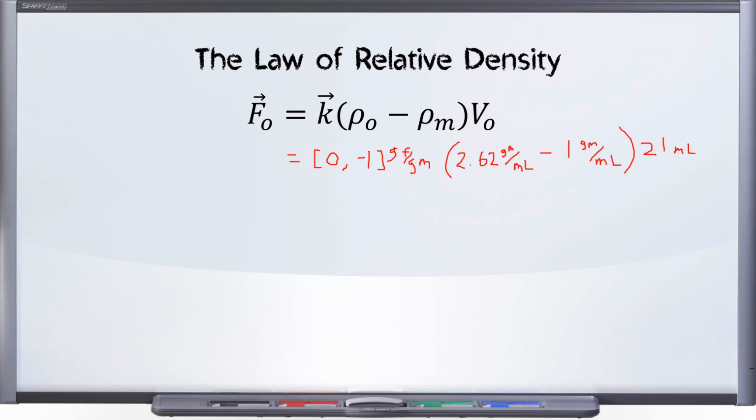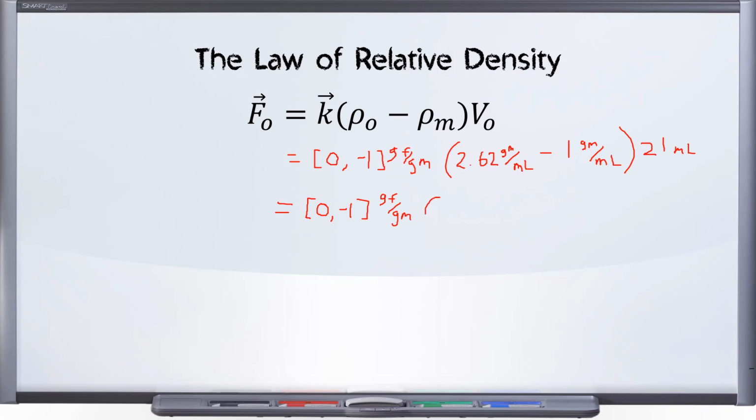Okay, so how do we get the force? Let's multiply this out and see what we get. First thing we do is the parentheses. We always do the parentheses first. So let's go ahead and do that. We're going to bring down the K, 0, -1 grams of force per grams of mass.